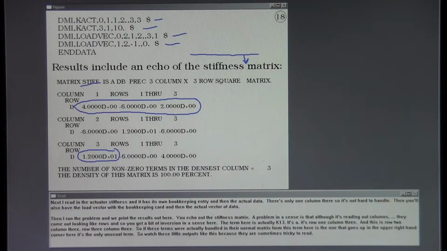And this is row 2, column 3, row 3, column 3. So if these terms were actually bundled in their normal matrix form, this term here is the one that goes up in the upper right-hand corner here. It's the only unusual term. So watch these little outputs like this because they're sometimes tricky to read.